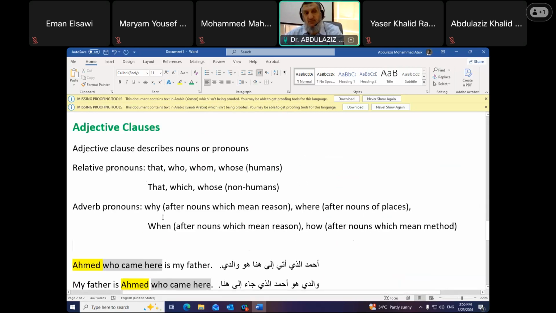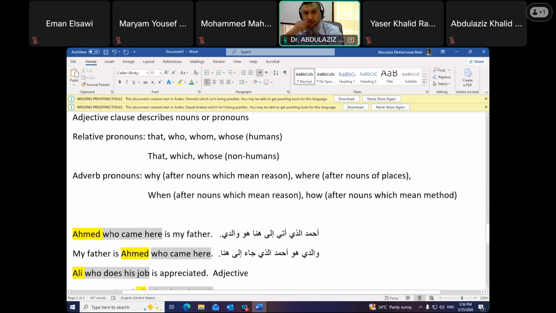This is easy, but for adverbs of pronouns, look: I visited Sana'a, which is where I was born. Okay, look at the word where. It comes after place.